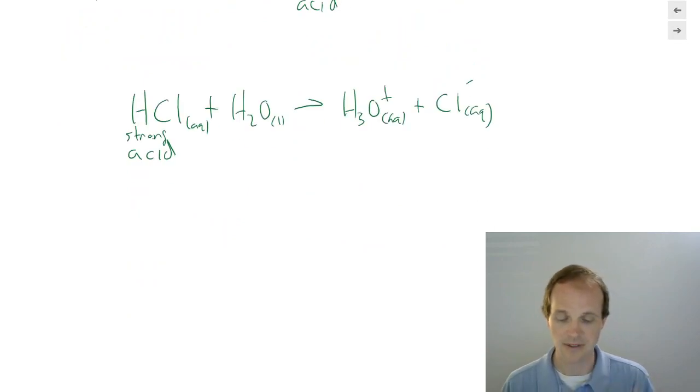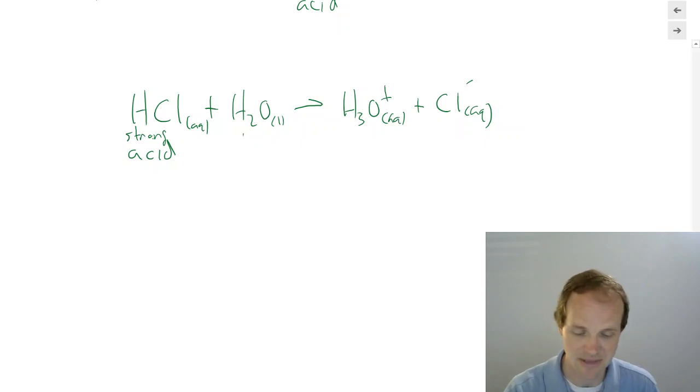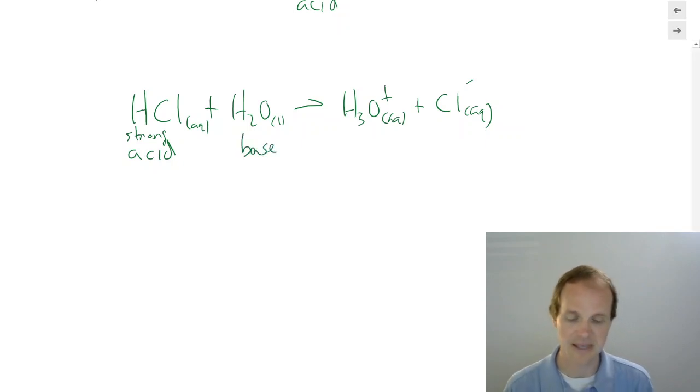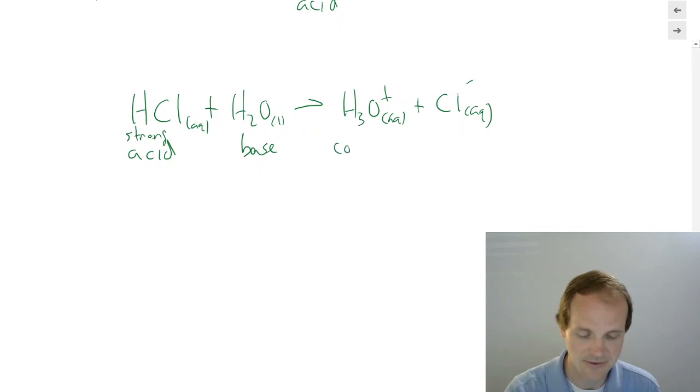All right, so if HCl is a strong acid, it's giving away its H plus, H2O is accepting it, that makes H2O a base. What does that make H3O plus? Well, hopefully you said, it's a conjugate because it's on the right-hand side. So I'm going to write that first, conjugate.